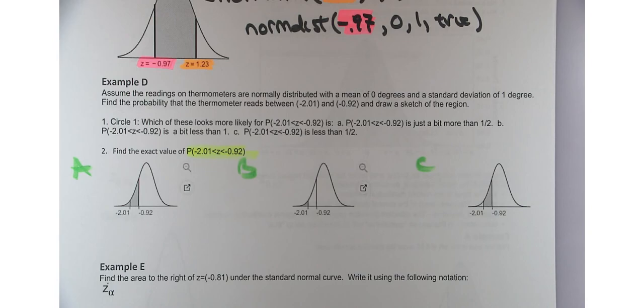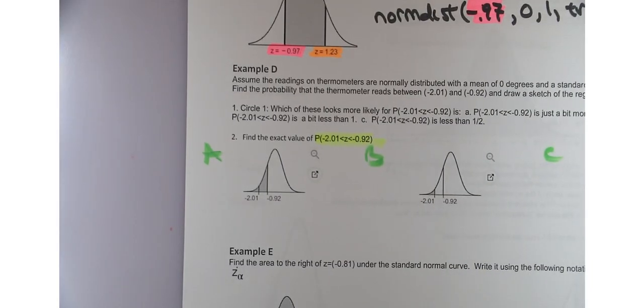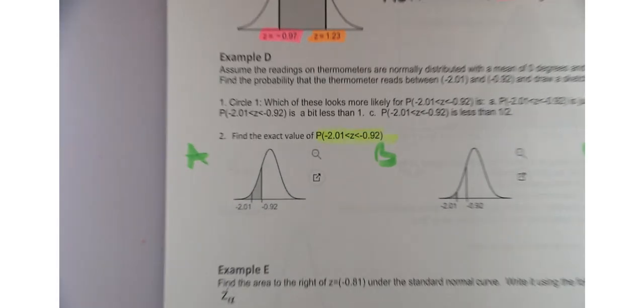So what are you guys liking for this one? A, B, or C? C. Lots of C's. So let's see what's wrong with this one. What's wrong with A?